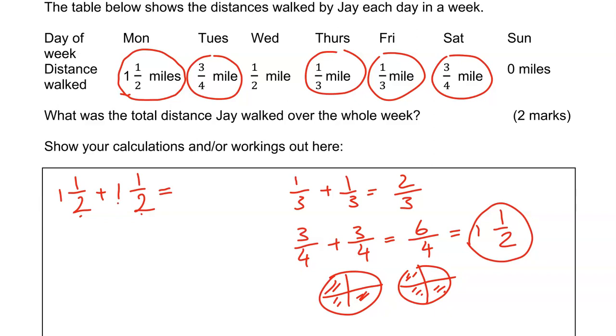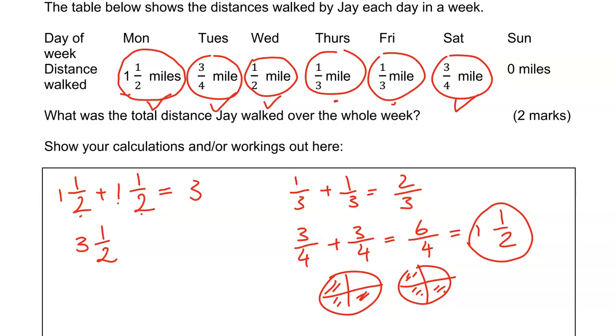Then 2, 3. So that makes 3 in total. So we've taken that into account, and we've also taken into account the 3/4. So that makes 3, the ones that we've taken. So that is 3. We also have half a mile here. So that makes 3.5 so far.